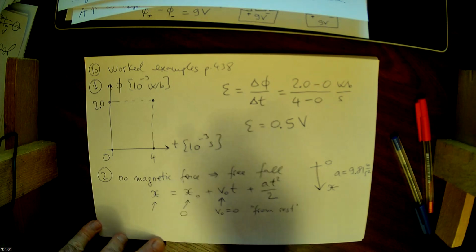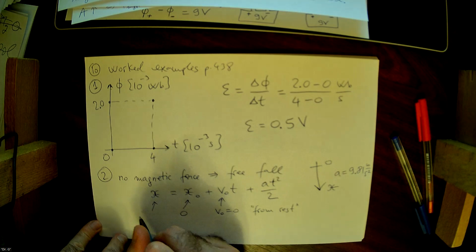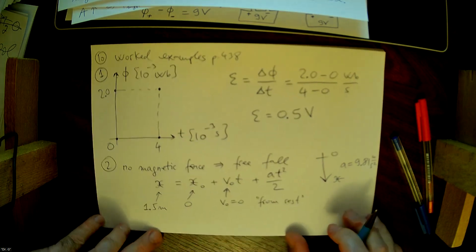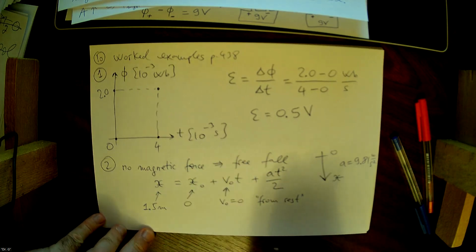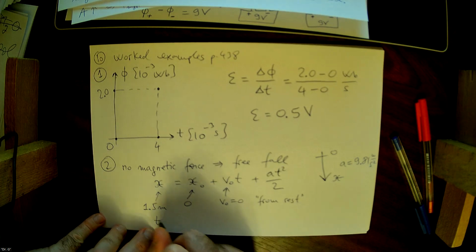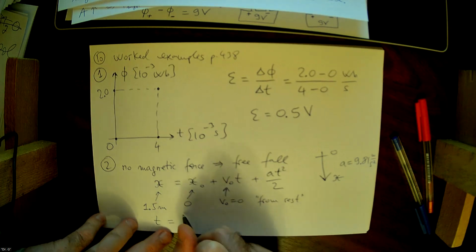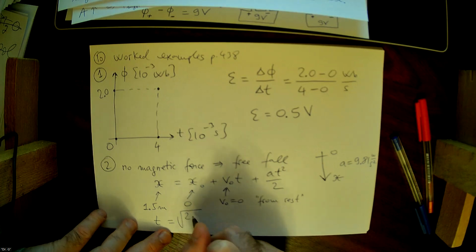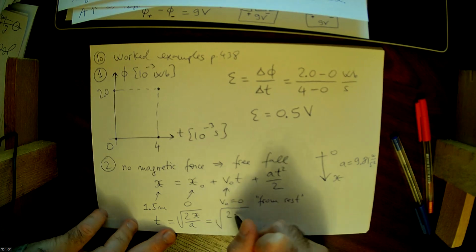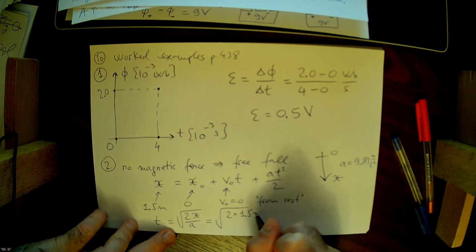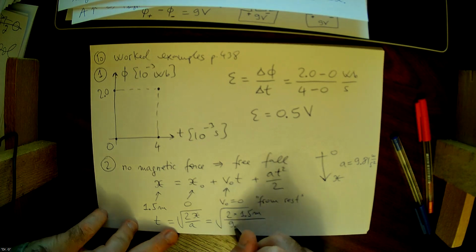So, this x is the distance, 1.5 meter, the length of the tube, which means that the time is square root of 2x over a, square root of 2 times 1.5 meters over 9.81 meters per square second.